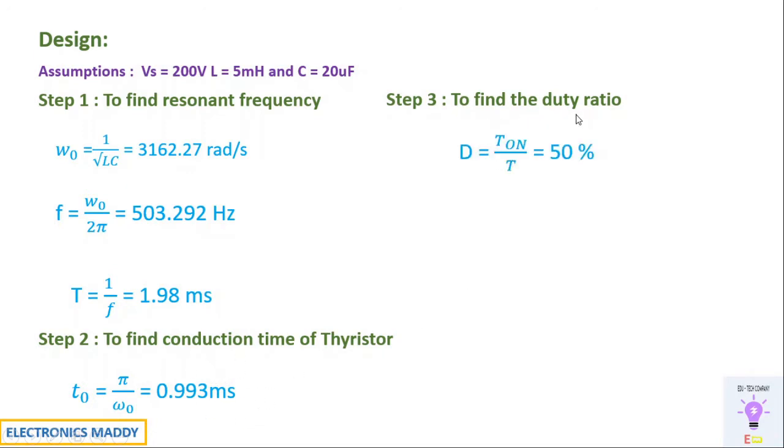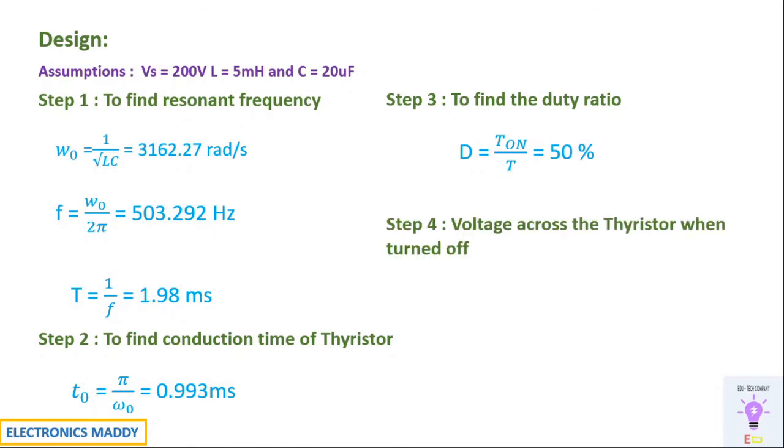Duty ratio is nothing but T on by T on plus T off, that is the total time period T. Substituting the value of T on as 0.993 milliseconds and the total time period T as 1.98 milliseconds, you'll be getting 0.5. Multiplying it by 100 in terms of percentage, it will be 50%. So in MATLAB, in the pulse generator block, we have to enter the value of duty cycle to be equal to 50%, and that's the reason why these calculations are very important, and we will be getting the exact nature of waveforms that we are supposed to get.